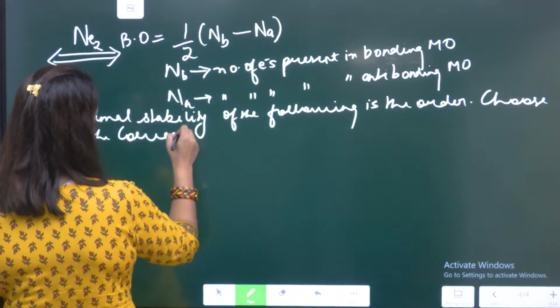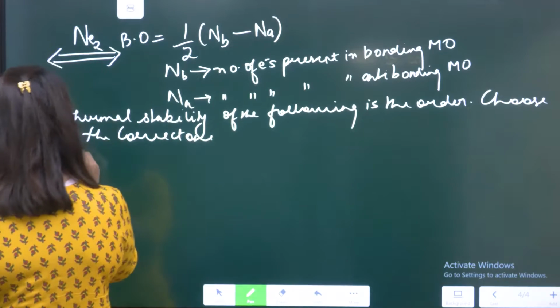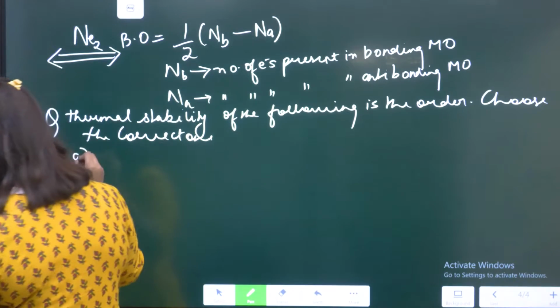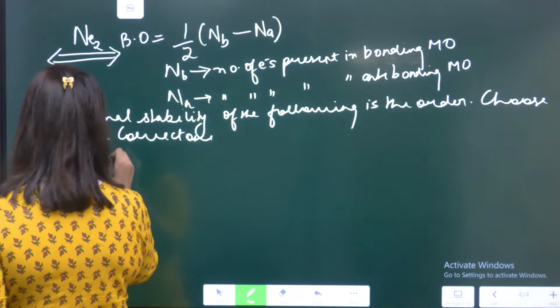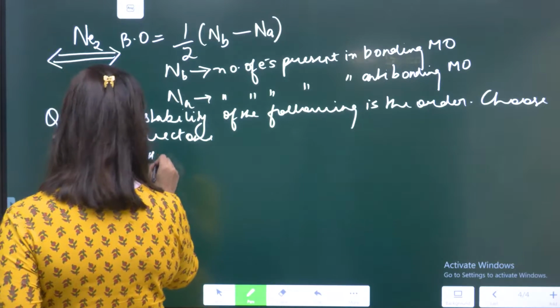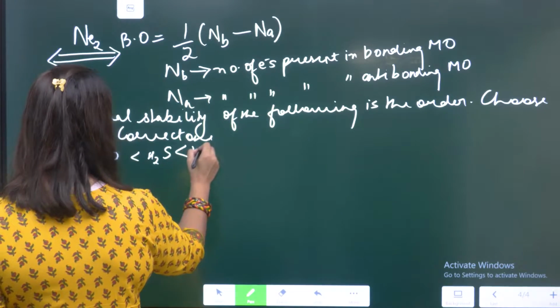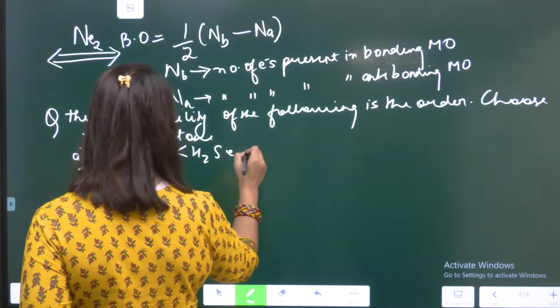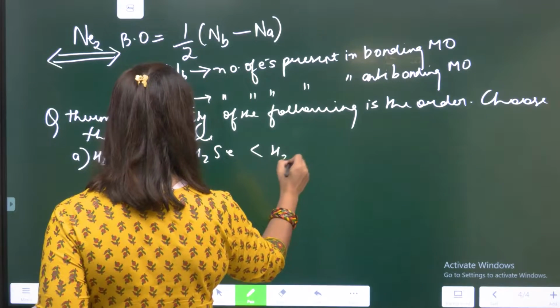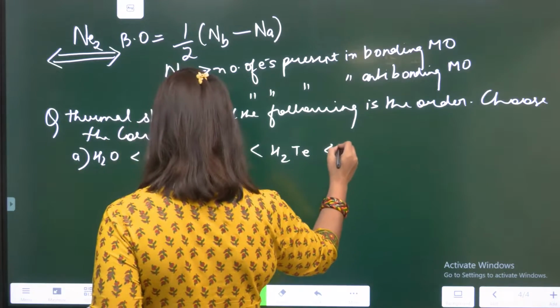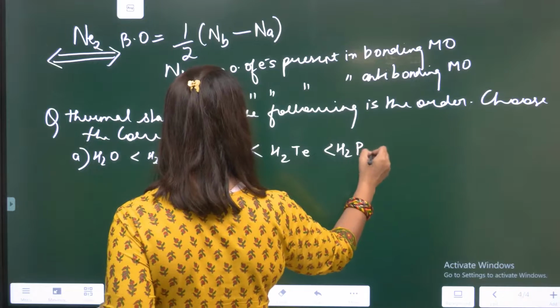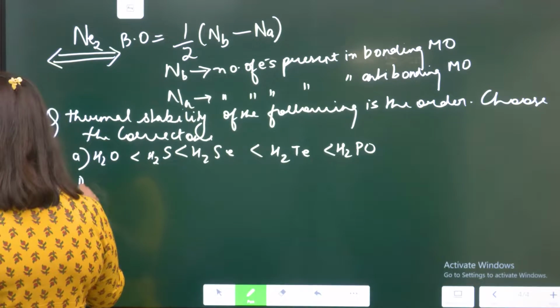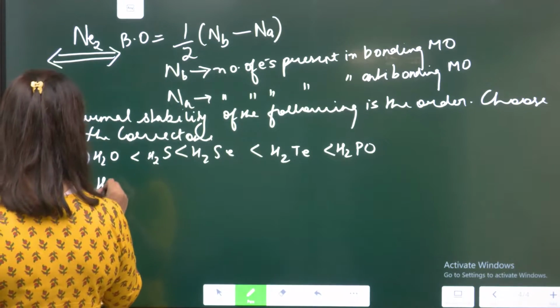So the options given are: first option, H2O, H2S, H2Se, H2Te, H2Po.